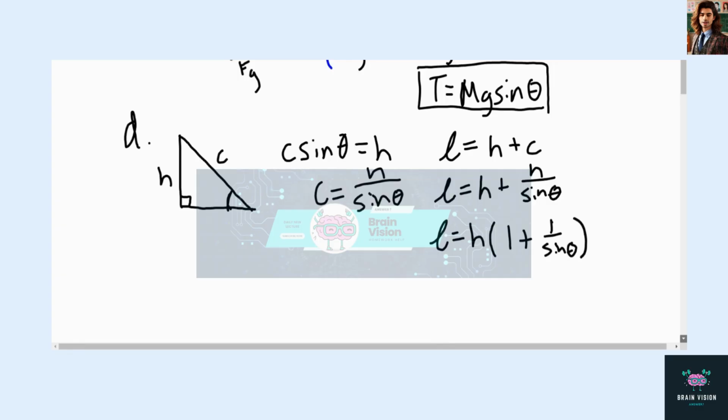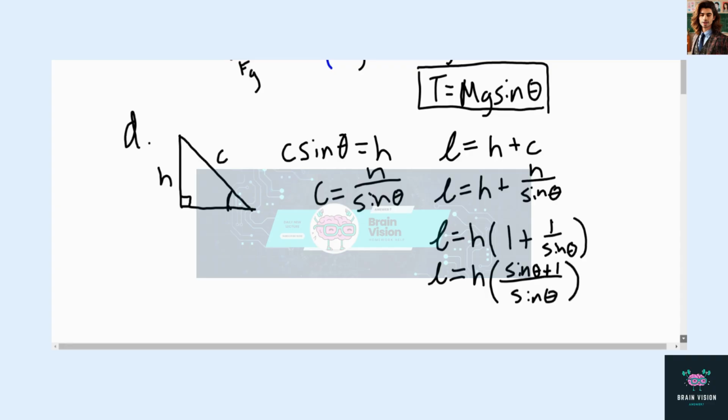And then we're going to write the part in parentheses as a single fraction. So 1 is going to be equal to sine theta over sine theta. And then we can put that as a single fraction. That'll give us that L is equal to h times sine theta plus 1 over sine theta.